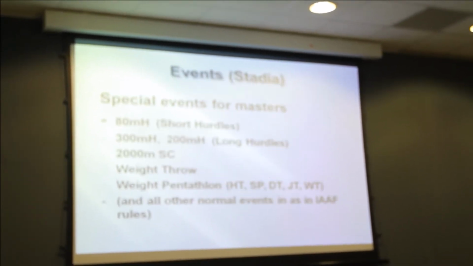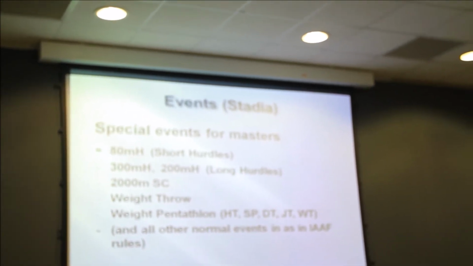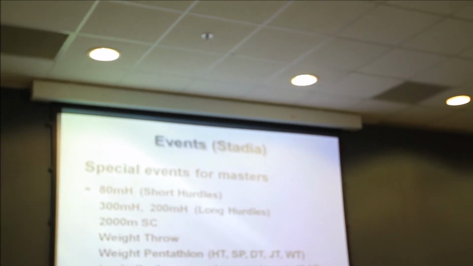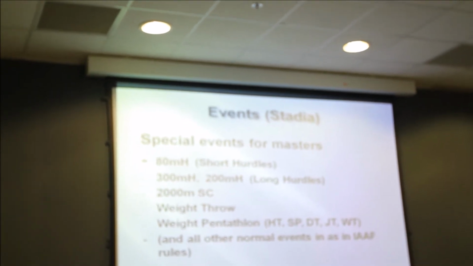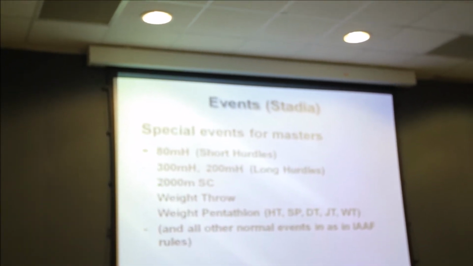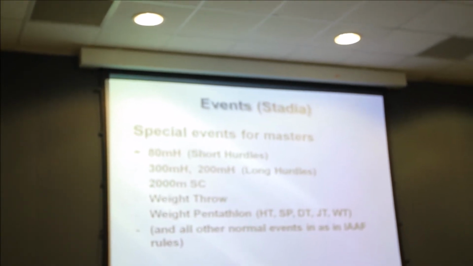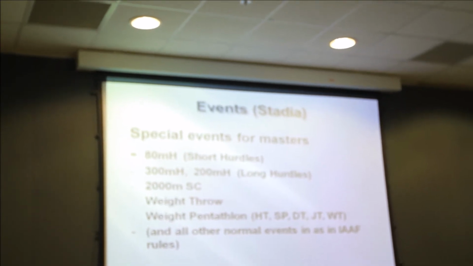All right. And now, what are the special events? These are the differences between the normal athletics and the masters athletics. In normal athletics, for hurdles we have only 100, 110 and 400: 100 meters hurdles, 110 meters hurdles and 400 meters hurdles.